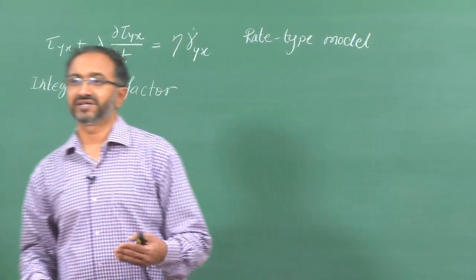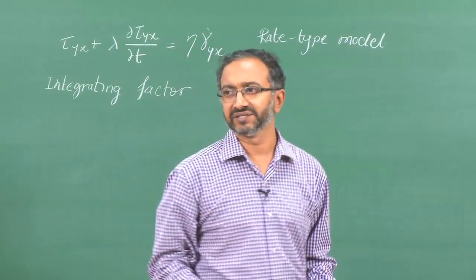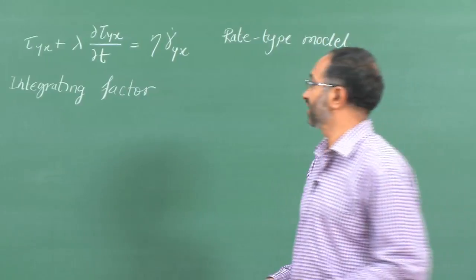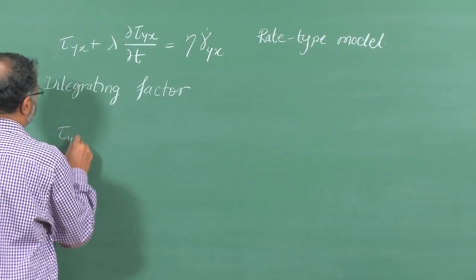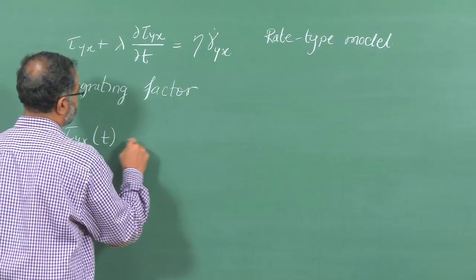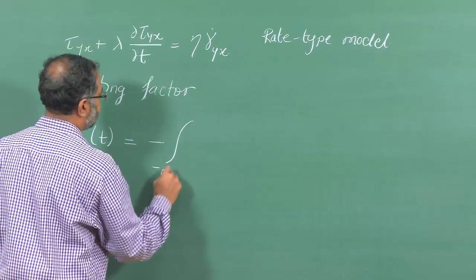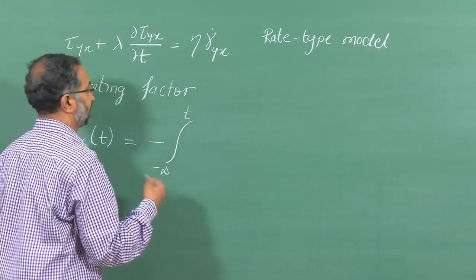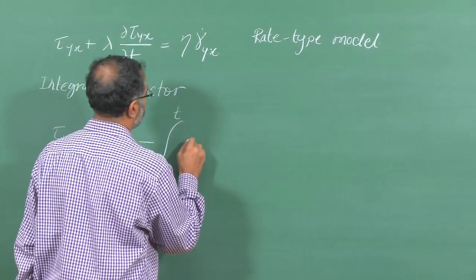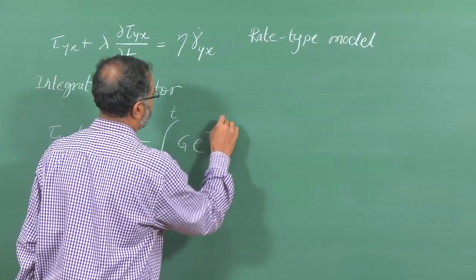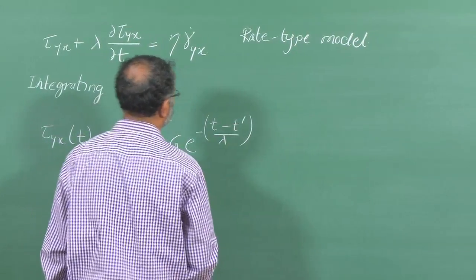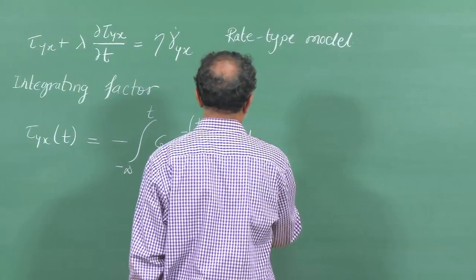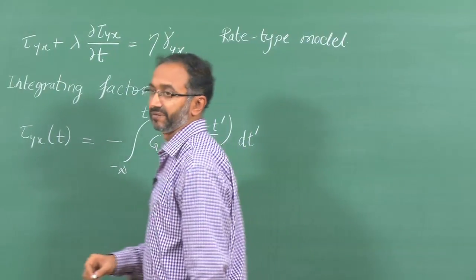Because we incorporate rates of different quantities, it is called a rate type model, and then the same model can be expressed as the stress at present time, which is an integral of all past deformations, and we saw that in case of Maxwell model, this can be written as the following.